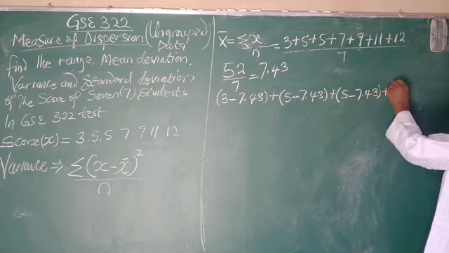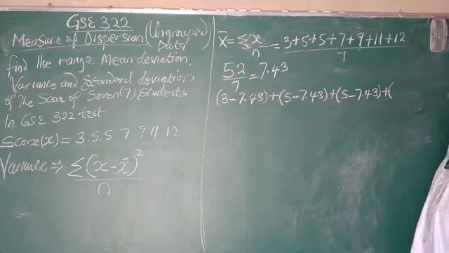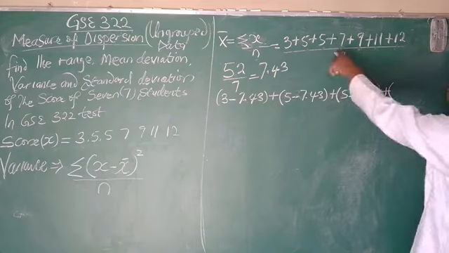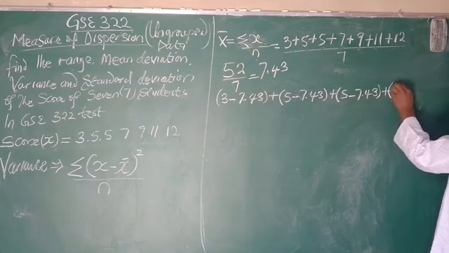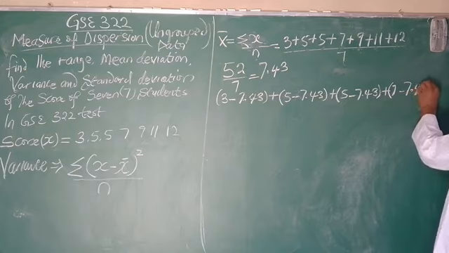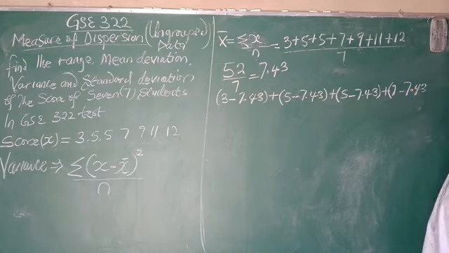Then plus the fourth value, which is 7, minus 7.43, which is the mean also. Then we close the bracket.